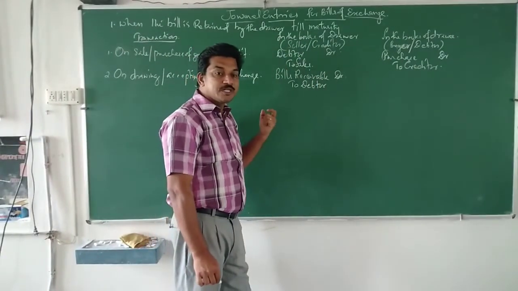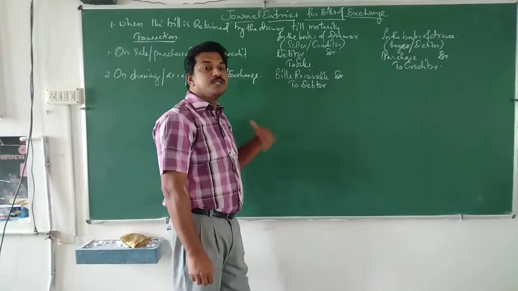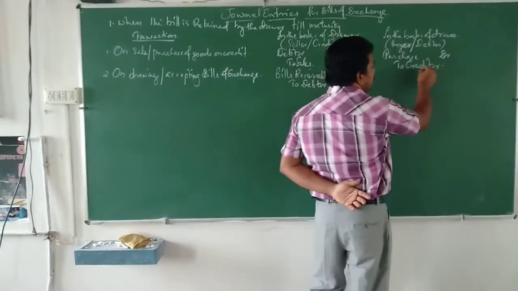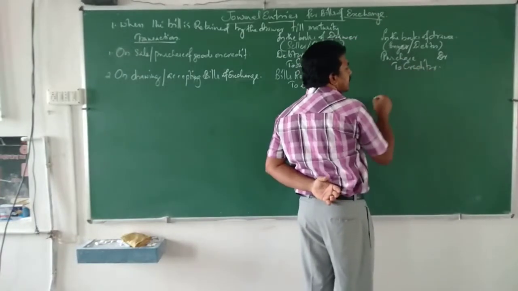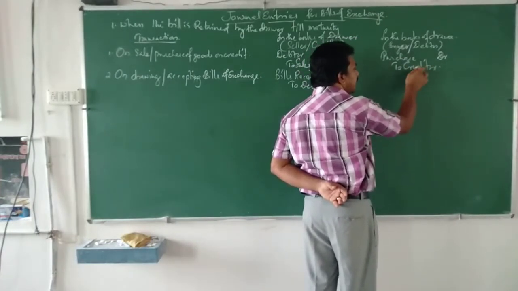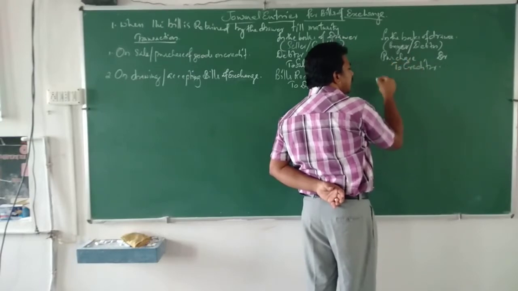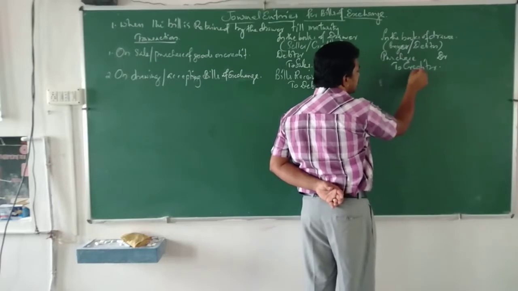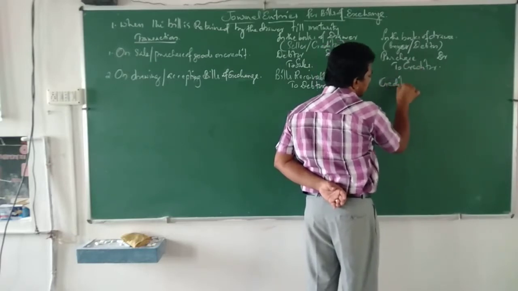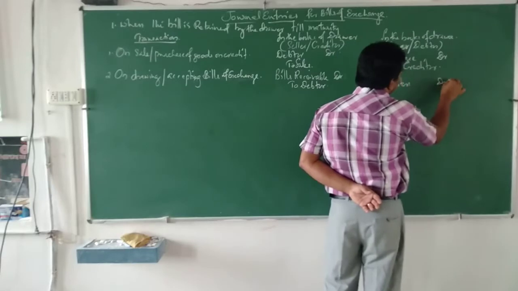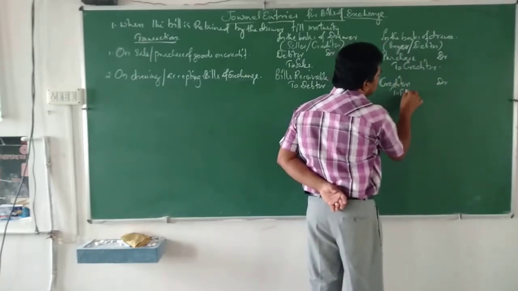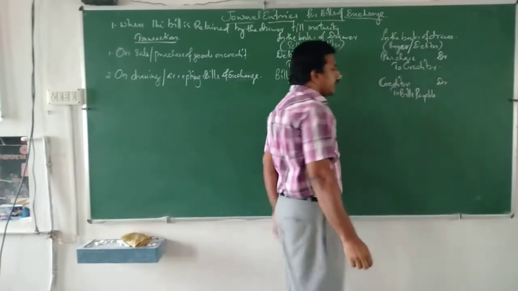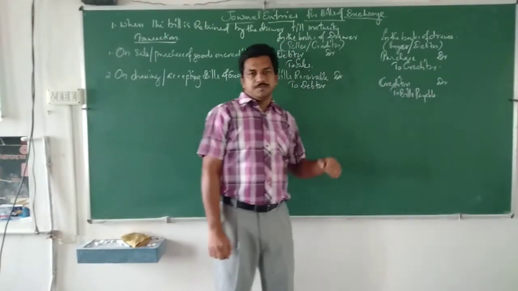That means the money against that bill is to be paid, to the creditor. So when he has to pay the money, this will be transferred to bills payable account. So creditors will decrease. So creditors, debtor to bills payable. Bills payable means he has to pay against the bill.